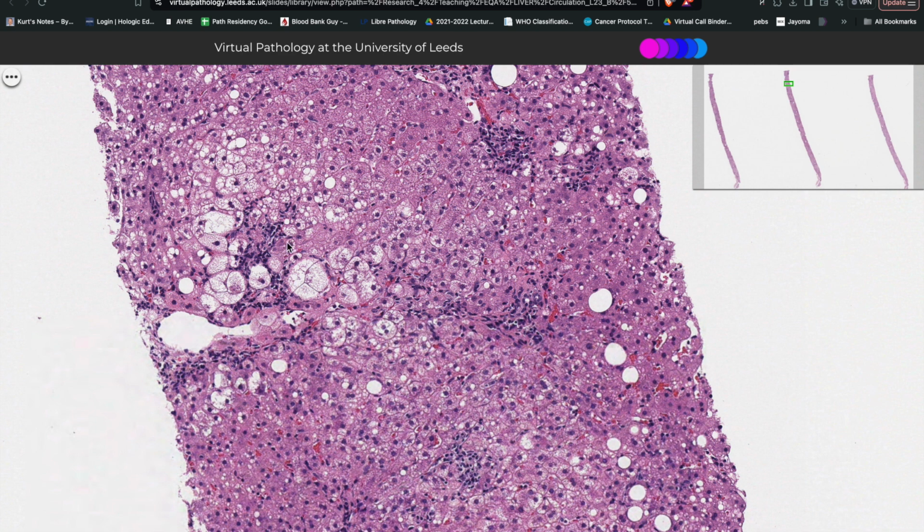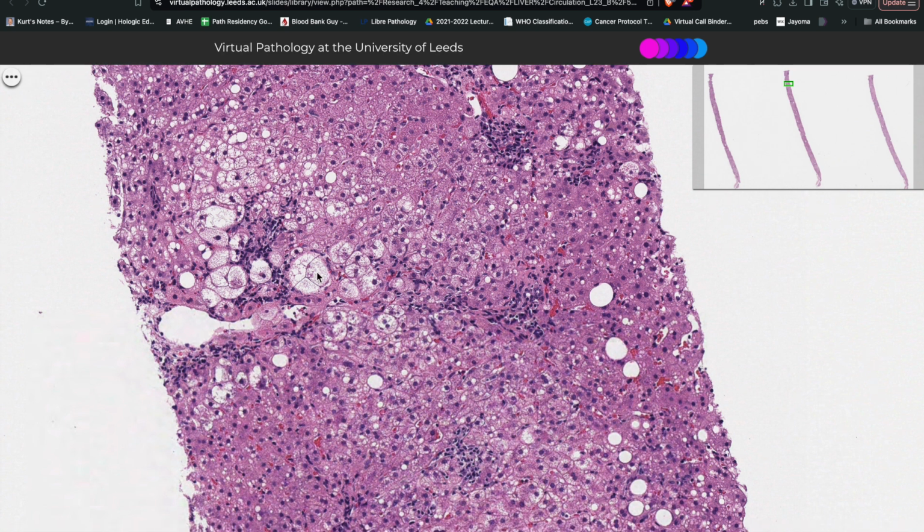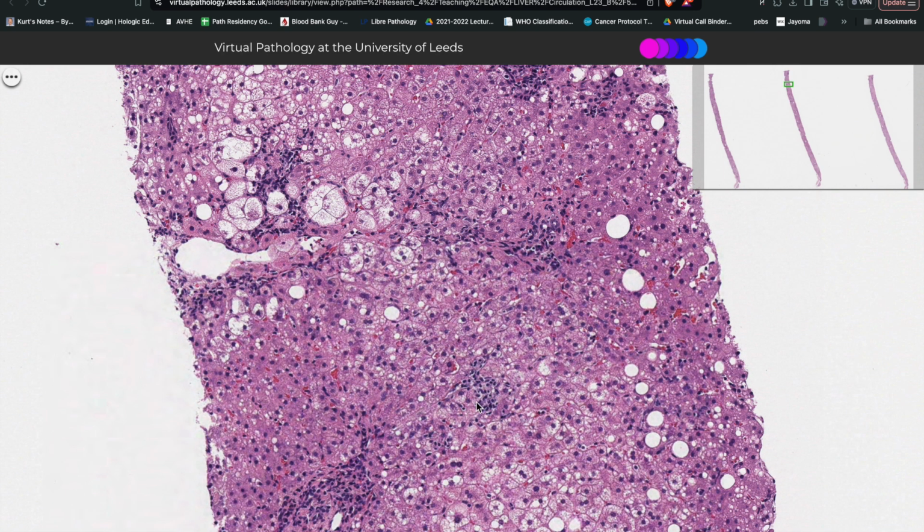So this is steatohepatitis. It's a type of MAFLD, or metabolic associated fatty liver disease. Another type is steatosis, where you just have fat buildup in the liver without these balloon cells. So we have an element of steatohepatitis.